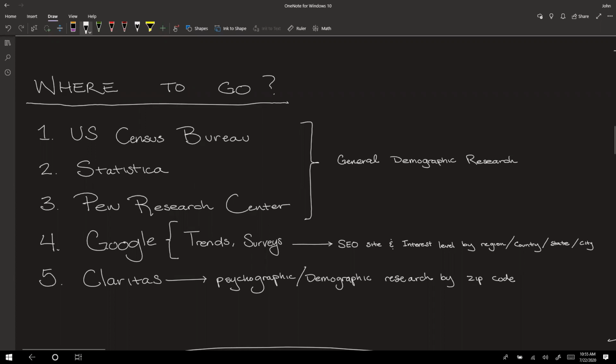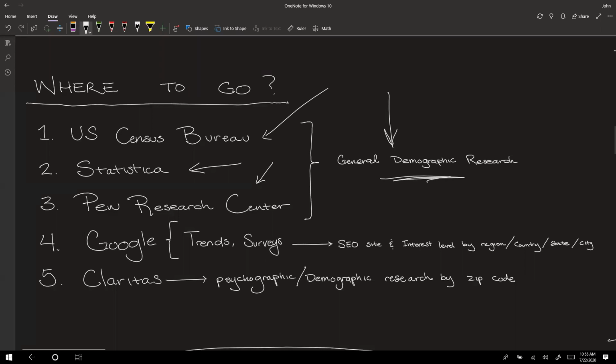So they have a ton of data on different regions in the US. So if you're looking to sell your product in the US, then you can look at the Census Bureau. They'll have a lot of demographic research. Statista and Pew Research Center are also great places just to find the general demographic research.